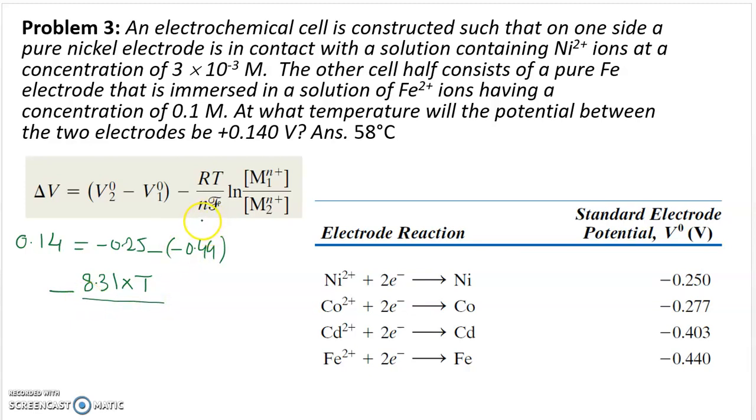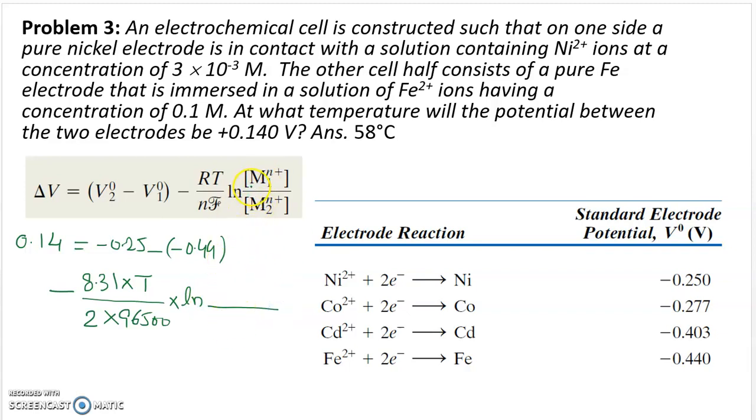n is the valency. In this case, the valency is 2, because we are dealing with nickel 2 plus and iron 2 plus. And F is the Faraday's constant, with a value of 96,500 coulombs per mole, multiplied by the natural log of M1 over M2.